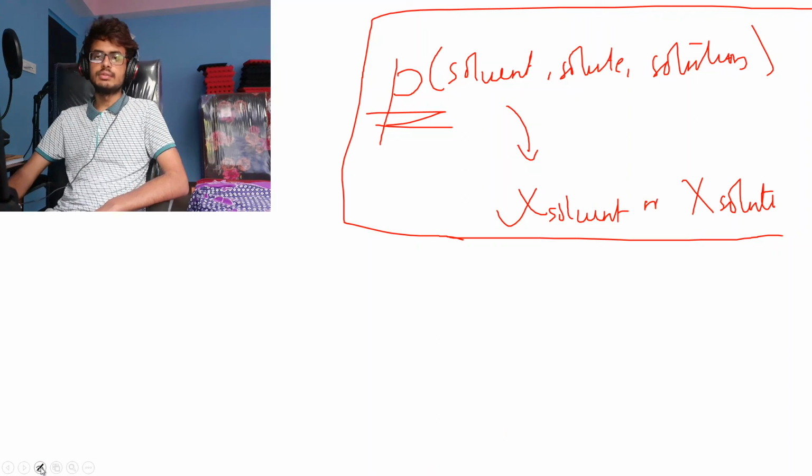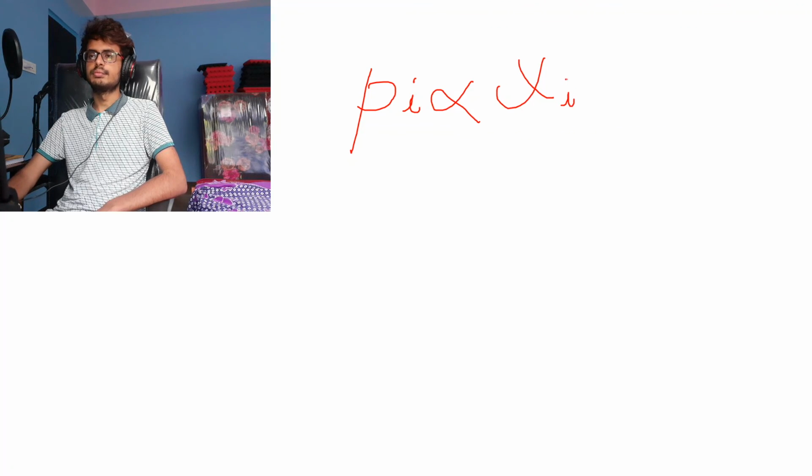Now the basic statement of Raoult's law is that the partial pressure of a component in a solution is directly proportional to the mole fraction of that component. So partial pressure of any component, let's say solvent or solute, will be directly proportional to the mole fraction of that component.